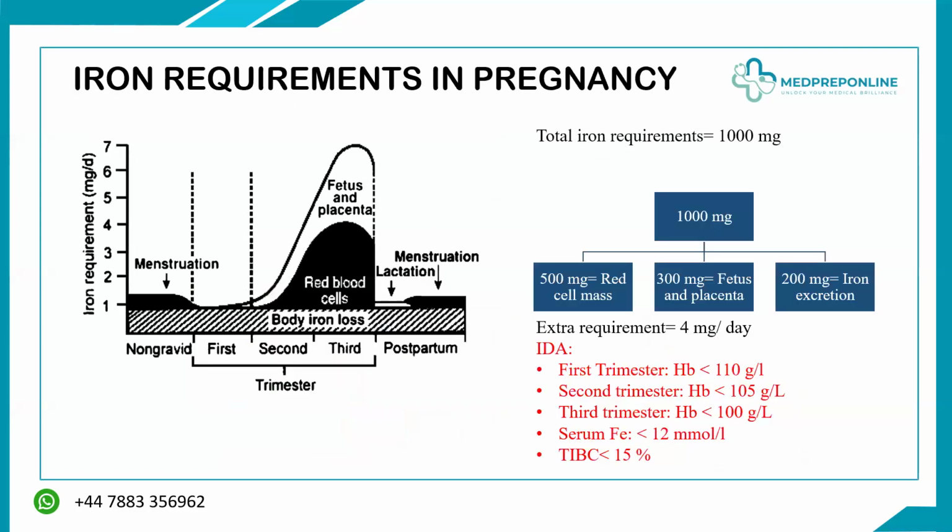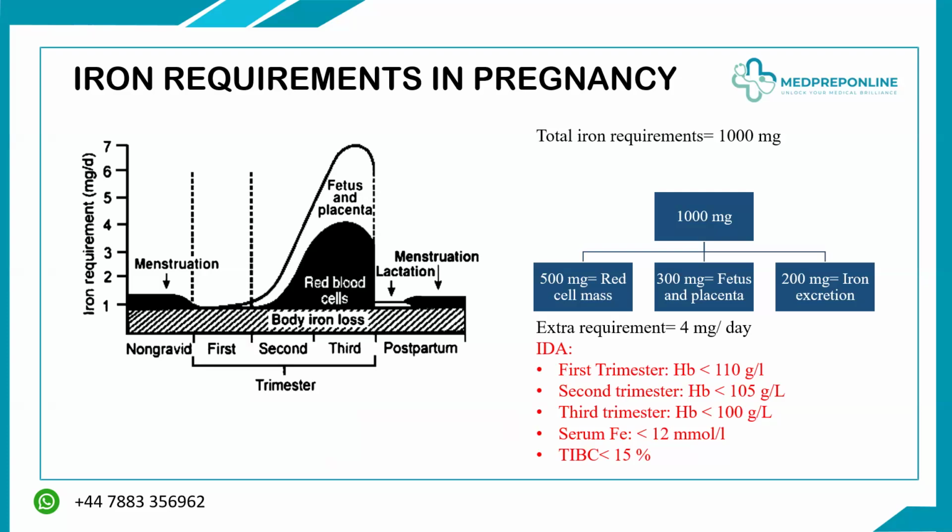So because of the increased erythropoiesis, there is also an increased demand for iron in a pregnant woman. Iron requirements drastically increase during pregnancy, and if the mother does not have enough iron stores in the body to replenish the losses, then iron deficiency anemia may be unmasked, which may occur during any of the trimesters.